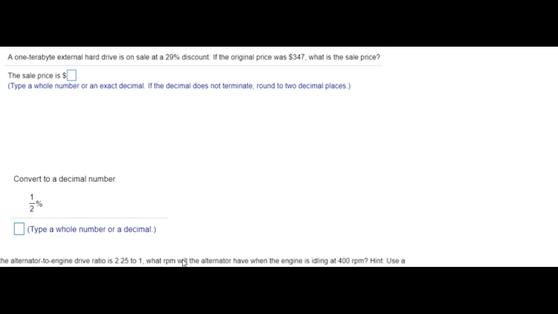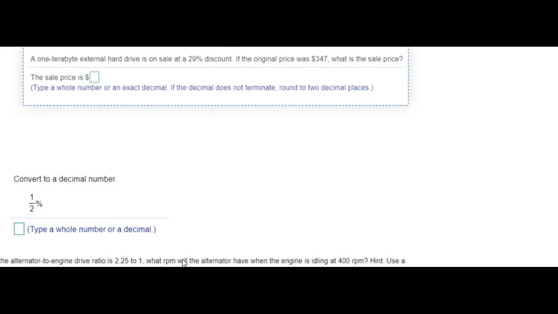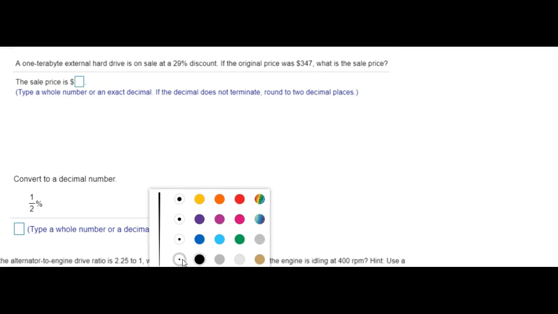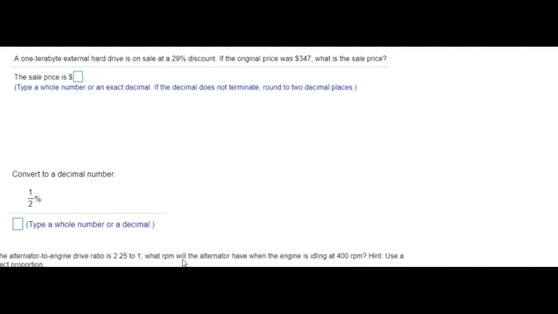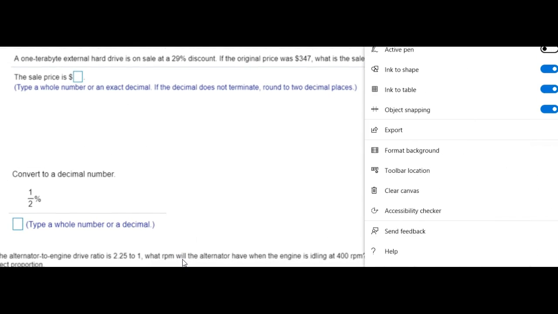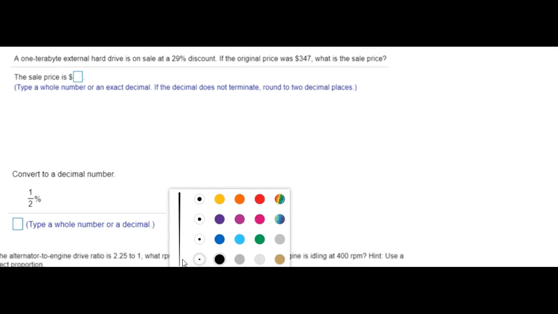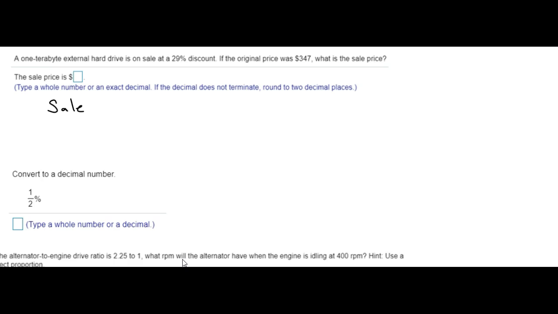So the sale price is going to be equal to the original price minus the discount amount.